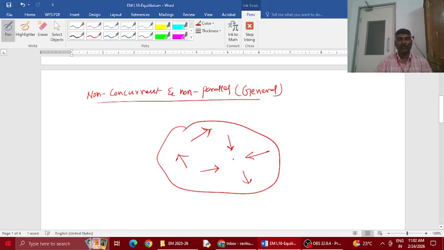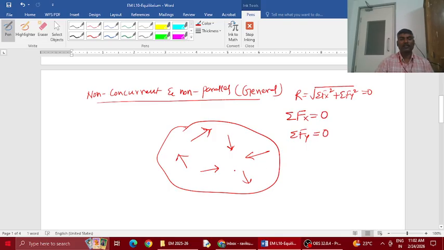So they are not parallel and they are not concurrent. How do you find the resultant of this one? Again, sum of x forces, sum of y forces, and the resultant will be the square root of sum of x forces square plus sum of y forces square. For the resultant to be zero, x forces shall be zero, y forces shall be zero.